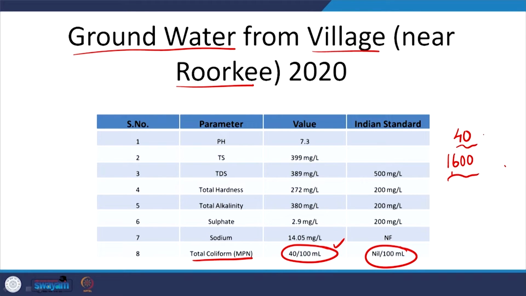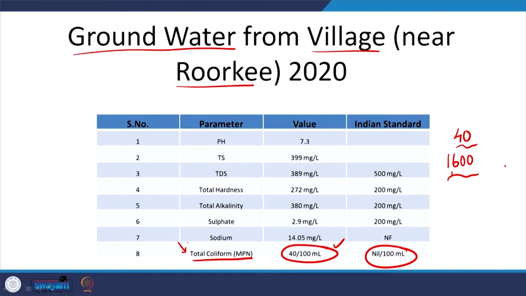I mentioned that the 1600 one was drawn relatively closer to the surface, and the one that gave 40 per 100 ml was relatively farther from the surface, and I mentioned the role of leaking septic tanks.